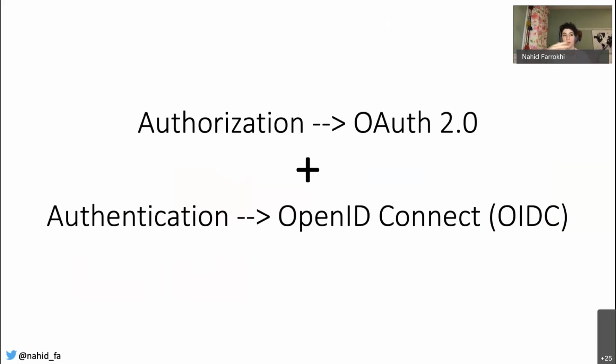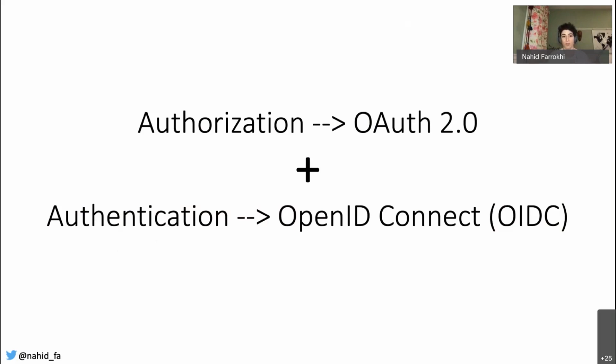OpenID Connect is the open standard for authentication. This is the most recent; it is not the first one. There was Federated Identity, and also SAML, and now OpenID Connect. OpenID Connect is a simple identity layer on top of OAuth 2, and it extends OAuth 2 for authentication scenarios.